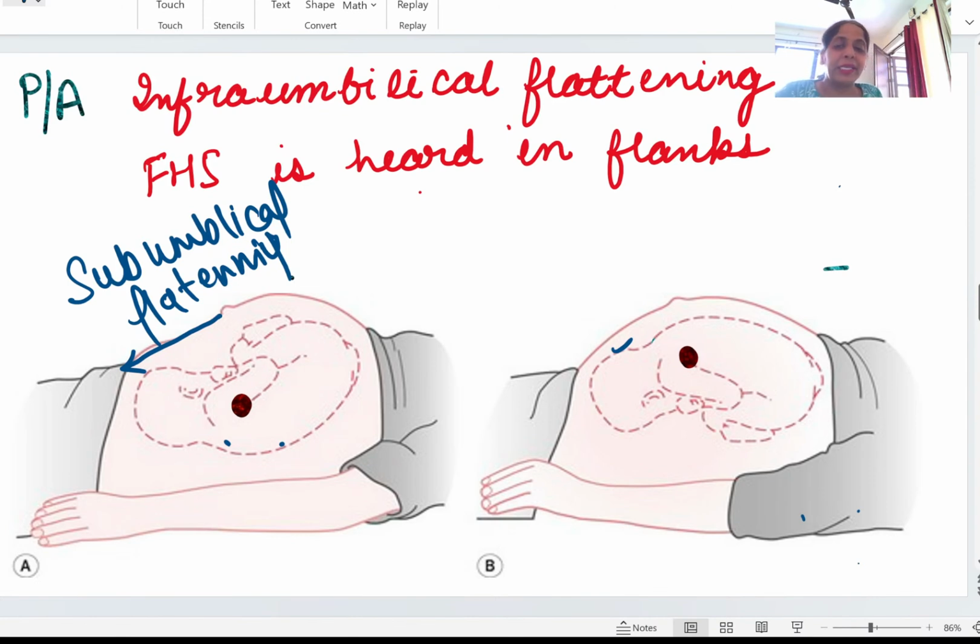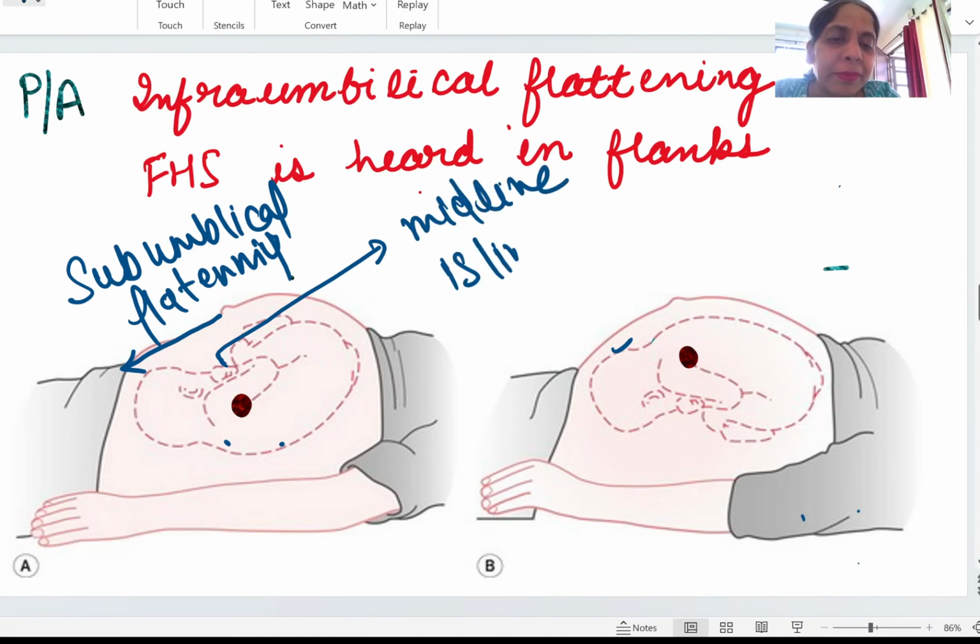Because in the occipito-posterior, in the midline, the occiput or the back is posterior, whereas limbs are anterior.